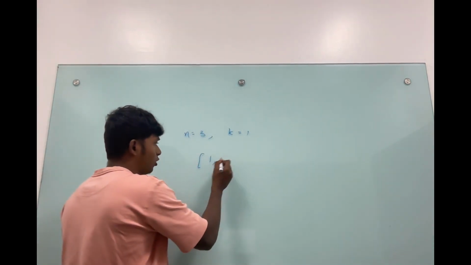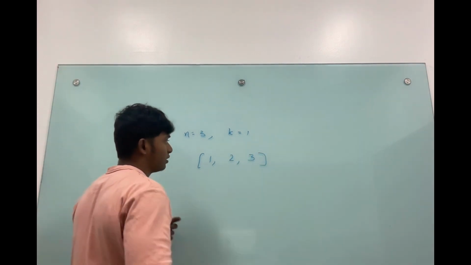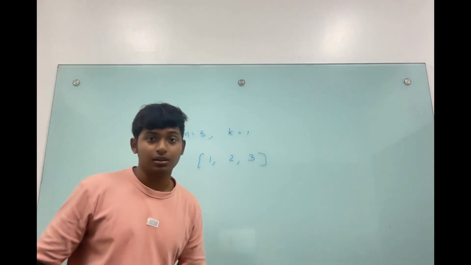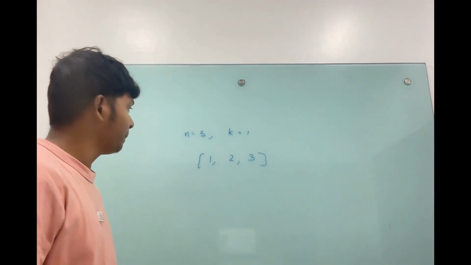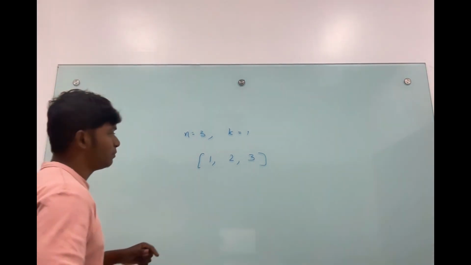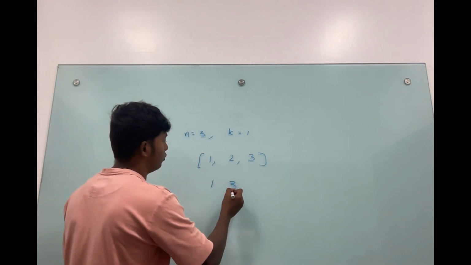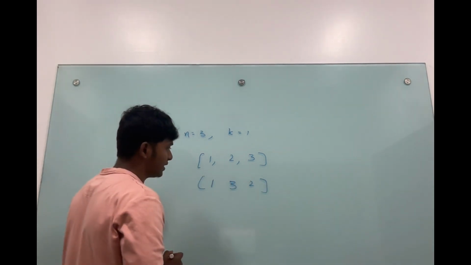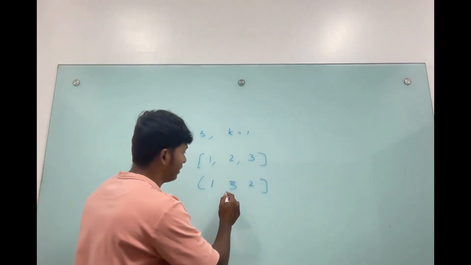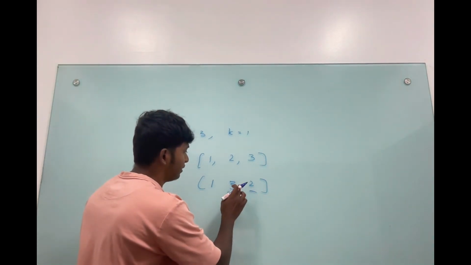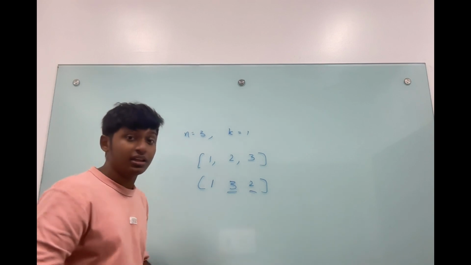In this case we have to find the number of permutations of the array 1, 2, 3 so that it has exactly one inverse pair. So one inverse pair could be 1 3 2. If the permutation is this, it has one inverse pair, 3 and 2, because 3 is coming before 2 even though it's bigger than 2.